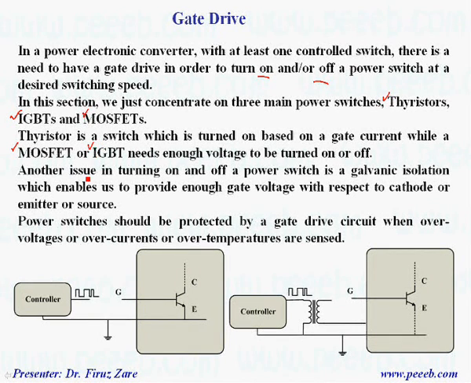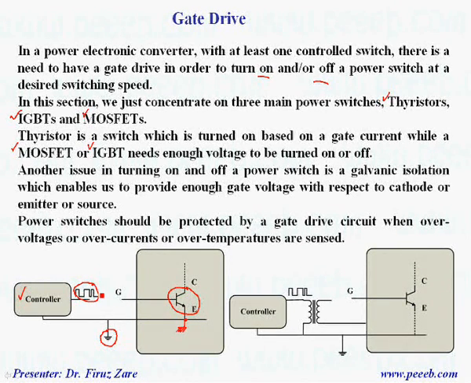The point is that in some applications we need galvanic isolation. That means when we have a controller, what we get from the controller is a pulse pattern with respect to this ground. And in some applications we have a switch placed in this circuit and the emitter is connected to the ground.